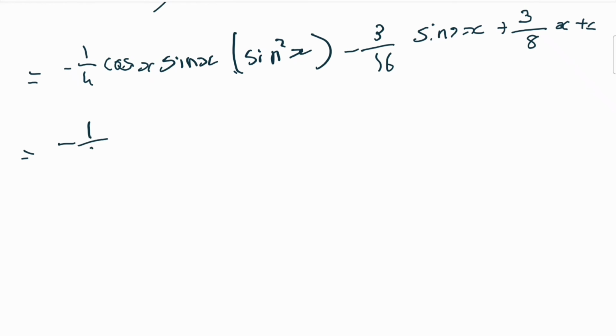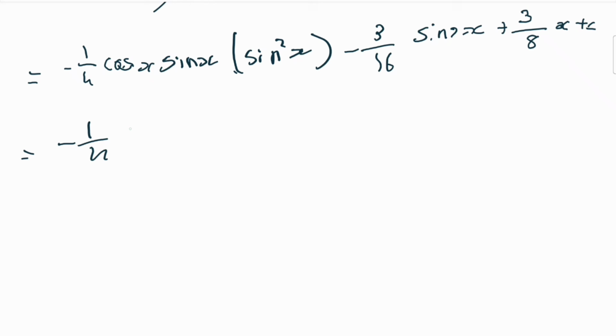So negative 1 over 4, and then cosine x sine of x is actually going to be 1 over 2 sine 2x, because before, remember how we found that 1 over 2 sine of 2x is equal to cosine x sine of x.